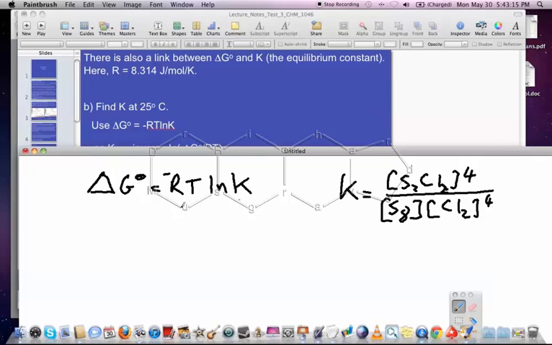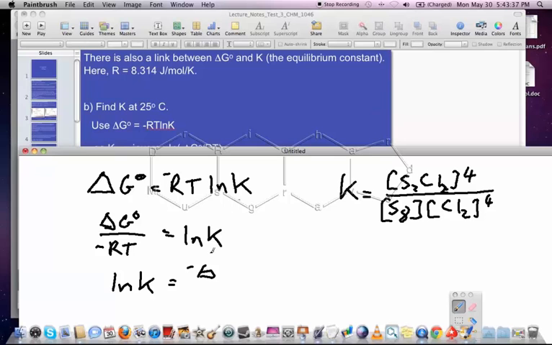Well, what we do is we bring the negative RT over the other side. So delta G naught over negative RT equals log of K. I'll flip everything over, and I'll also bring the negative to the top.